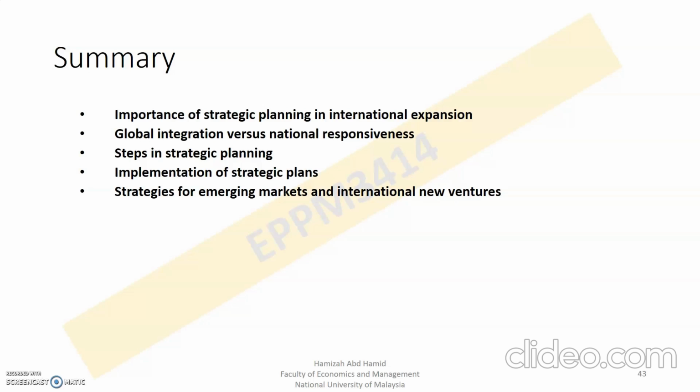We also have discussed steps in strategic planning and how to implement strategic plans through various functional areas. We also have discussed strategies for specific markets, emerging markets, base of pyramid, and also international new ventures. This includes international entrepreneurs and also born global firms.